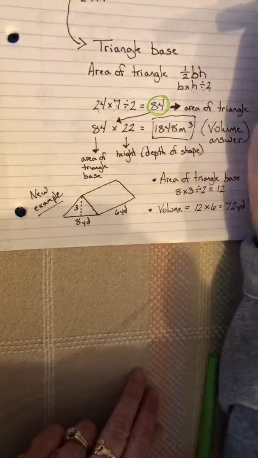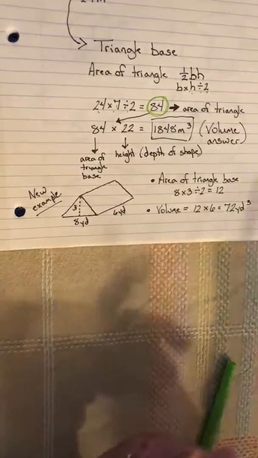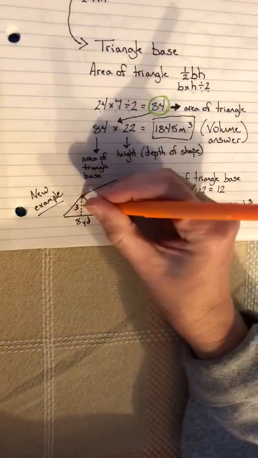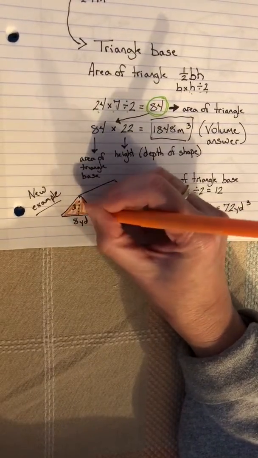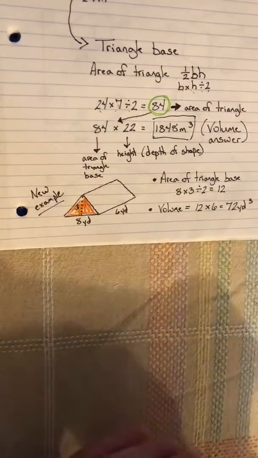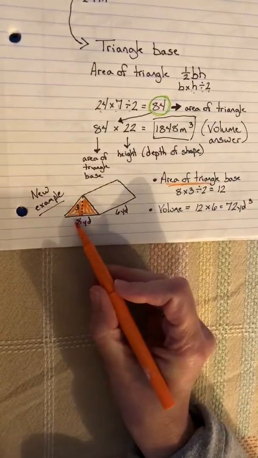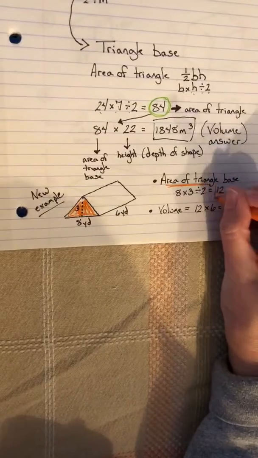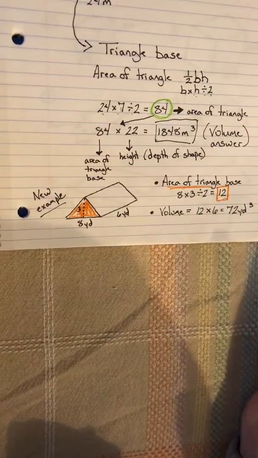Let's try one more with a triangular prism. This one looks a little bit different, but we're going to solve it the same way. Here's our triangle. I'm going to shade it in orange. We need to figure out the area of the triangle. So it is 8 times 3 divided by 2. So the area of the triangle is 12.